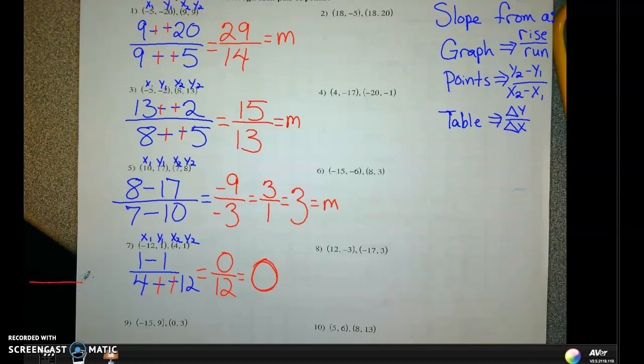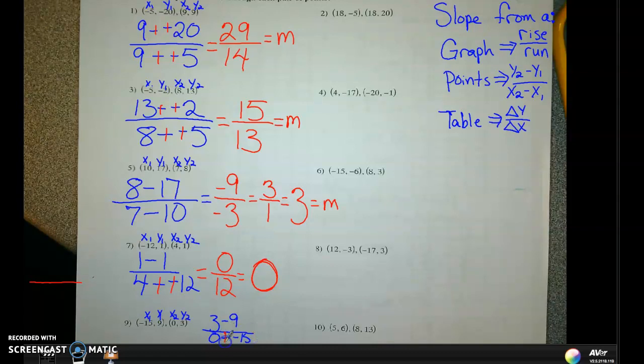Let's look at number 9. x1, y1, x2, y2. So 3 minus 9 over 0 minus negative 15.